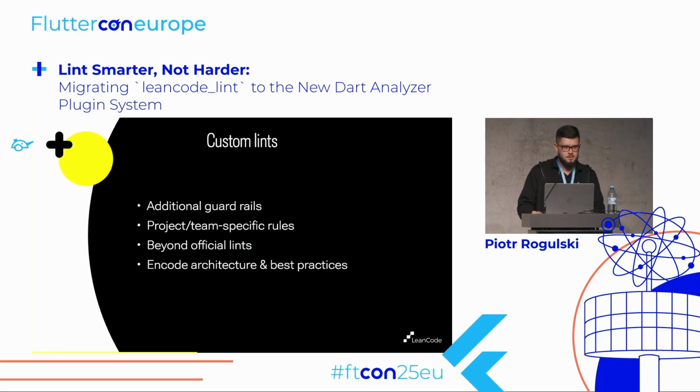These go beyond the official lints, and they can encode the architecture that you use internally in your company, as well as propagate your beliefs, your belief system and your best practices that you worked on at your company, and you want to distribute them onto other people, so that you might want to encourage them to write the code in a way that you perceive as efficient or looking nicely, because a lot of lints are just about the code looking clean and efficient.